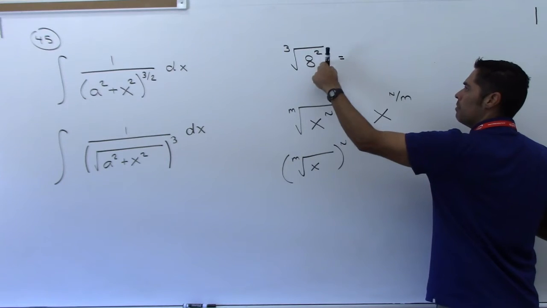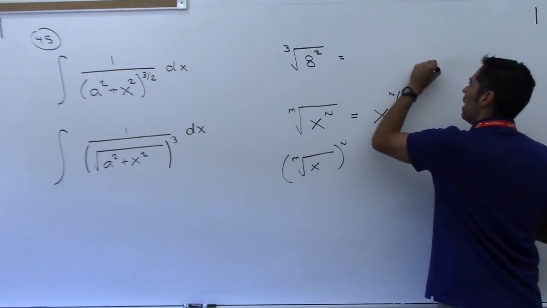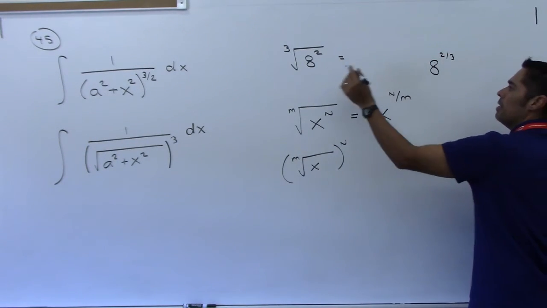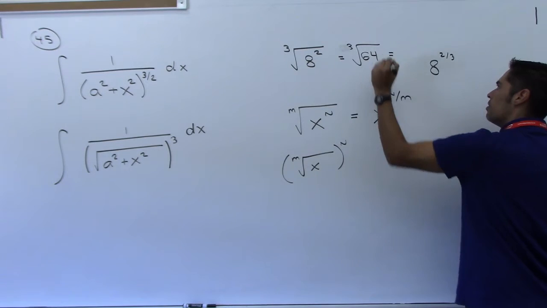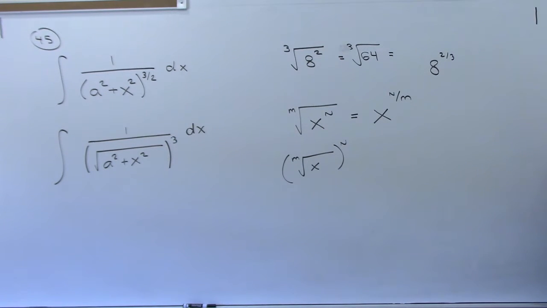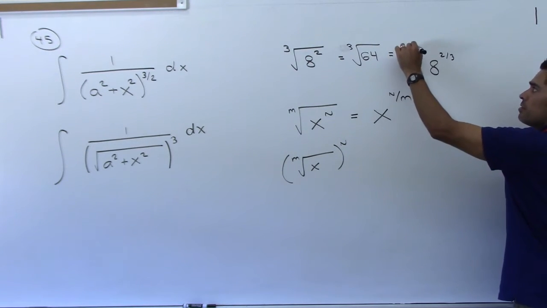We know that this is 8 to the 2/3, but 8 squared is 64, so you could take the cube root of 64. What times itself 3 times gives you 64? 4 times 4 times 4, so the answer is 4.